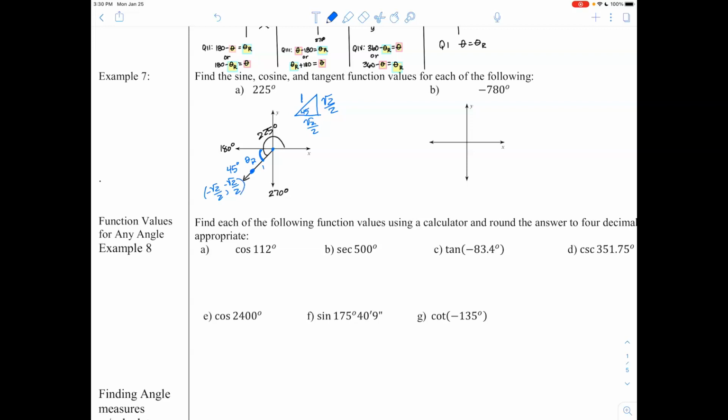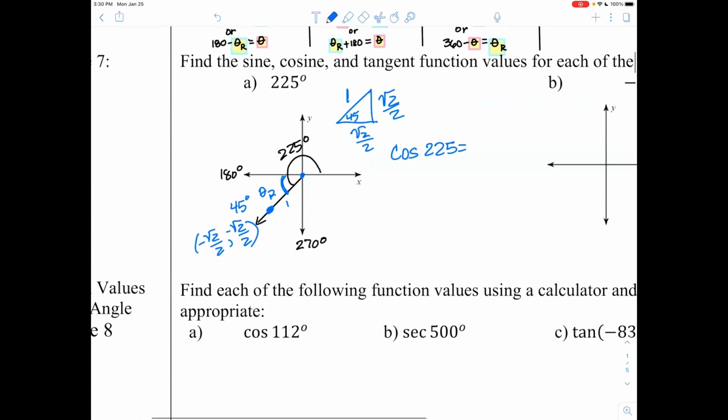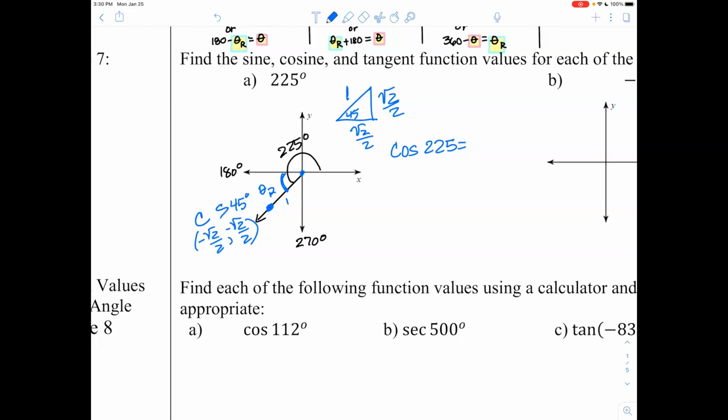Okay, so if I'm looking for the cosine of 225 degrees, if you recall the other day in our unit circle, we talked about the x-coordinate representing the cosine of that value and the y-coordinate being the sine. So the cosine of 225 is negative square root of 2 over 2, and the sine of 225 is also negative square root of 2 over 2.